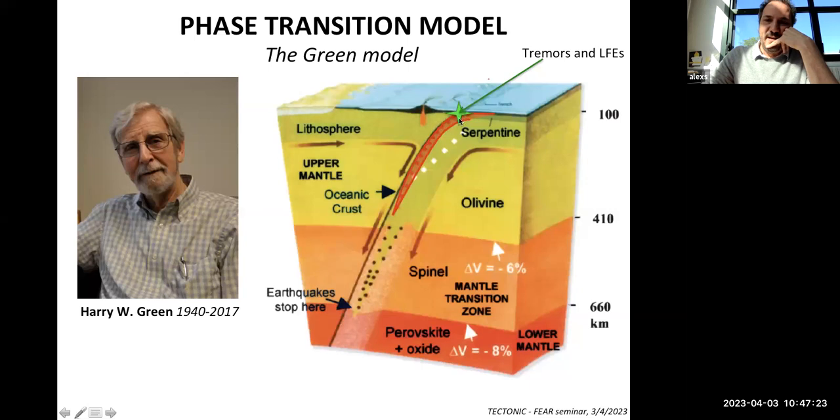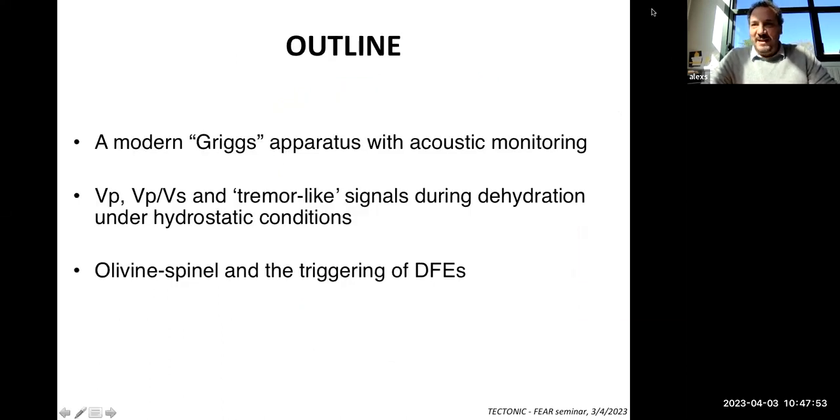Basically, intermediate depth earthquakes are linked to dehydration, and particularly the earthquakes in the lower Wadati-Benioff plane would be linked to serpentine dehydration, whereas the earthquakes in the transition zone occur because of the olivine-spinel phase transitions. And tremors, it's still an open question. Okay, so this is a bit of background.